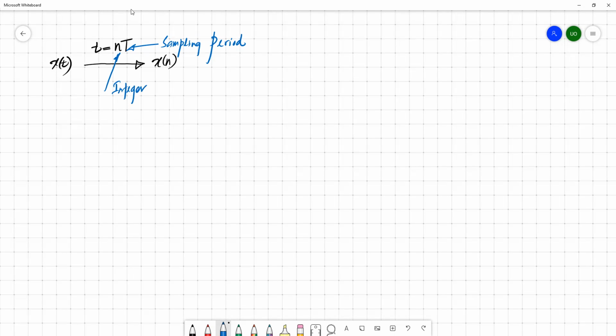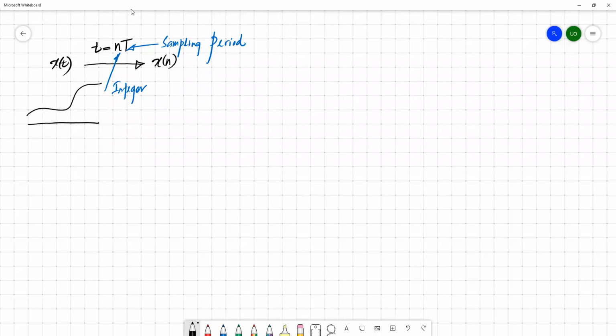Using this substitution, you can convert any continuous signal, something like this. This is your x(t), and we take the discrete samples of this continuous signal.